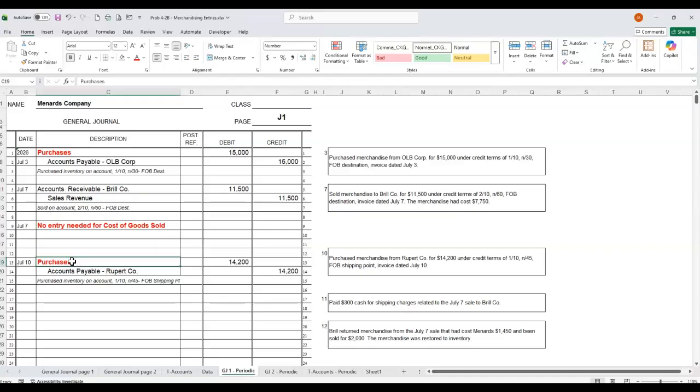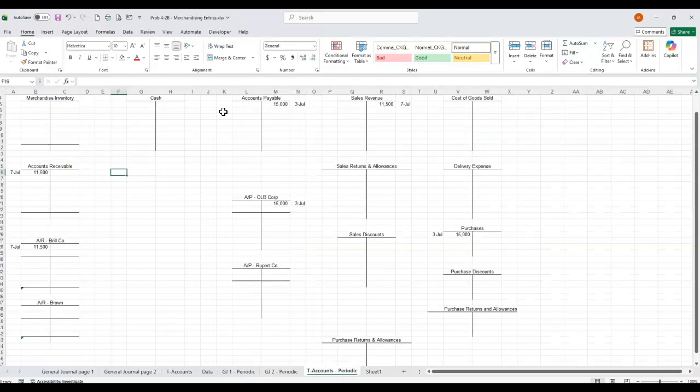We're going to debit again the purchases account and credit accounts payable Rupert for $14,200 on the 10th. So let's do the accounts payable first, the credit to accounts payable. We're going to make sure we mirror that in the subsidiary ledger, and we're going to debit the purchases account for $14,200. Debit purchases, credit accounts payable, and mirror that in the subsidiary ledger.